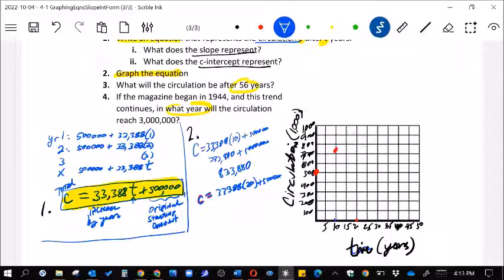I'll use a calculator. 388 times 20, 667,760 plus the 500,000 gives me 1,167,760. So that's 1.1 million.